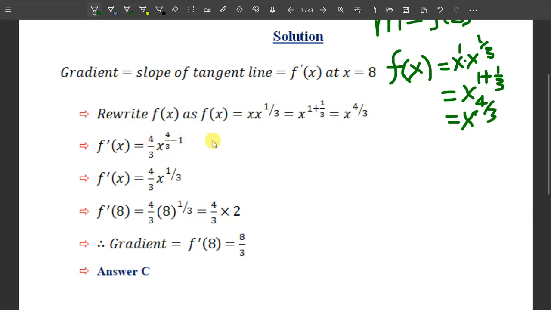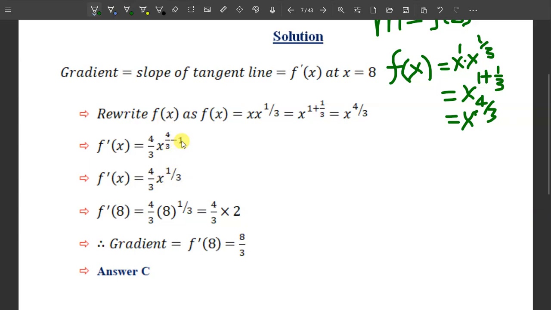Multiply 4 over 3 by this x, and then subtract 1 from 4 over 3, which means 4 over 3 times x to the power of 4 over 3 minus 1. And the result, f prime of x, the derivative of the function at x, will be 4 over 3 x to the power of 1 over 3.